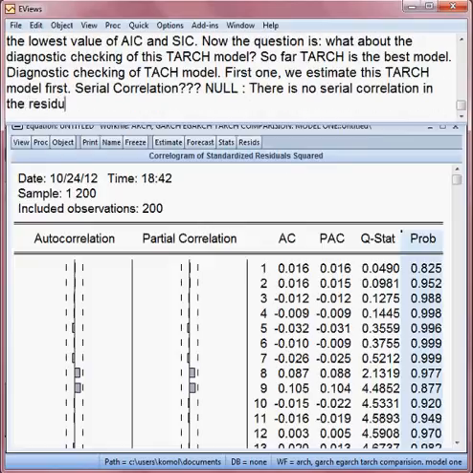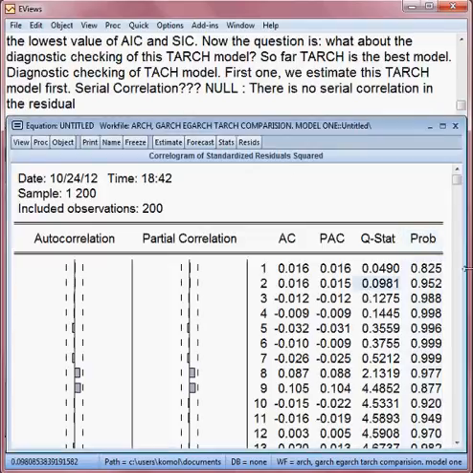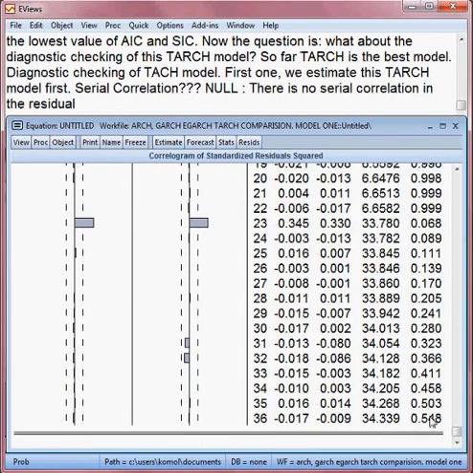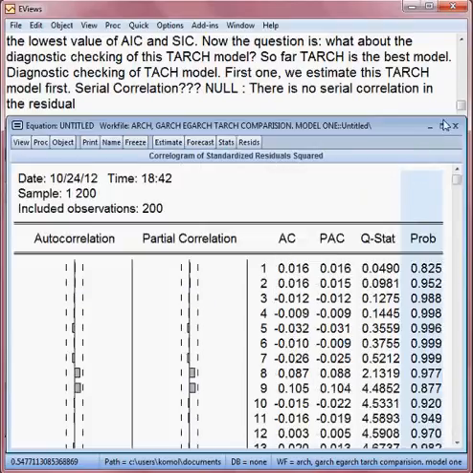You can see all the p-values are more than 5%.